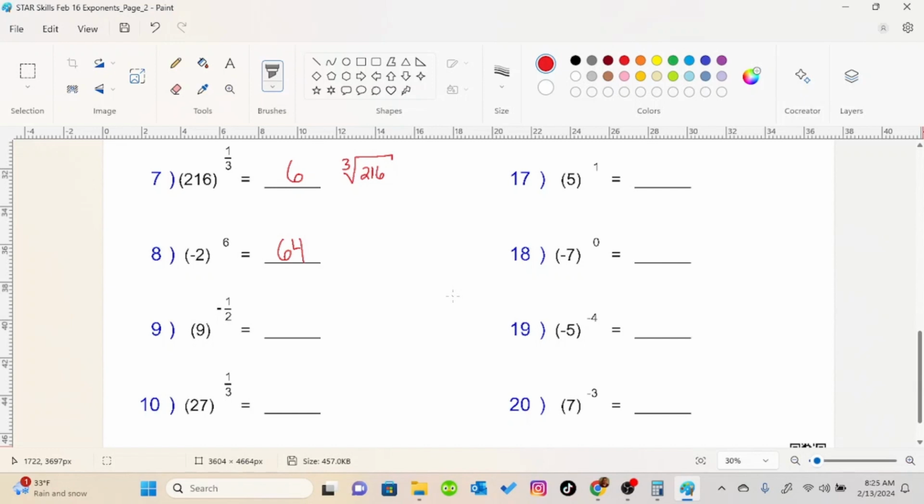Number 9, we have 9 to the negative 1/2. A negative exponent means 1 over 9 to the 1/2. An exponent of 1/2 means square root.